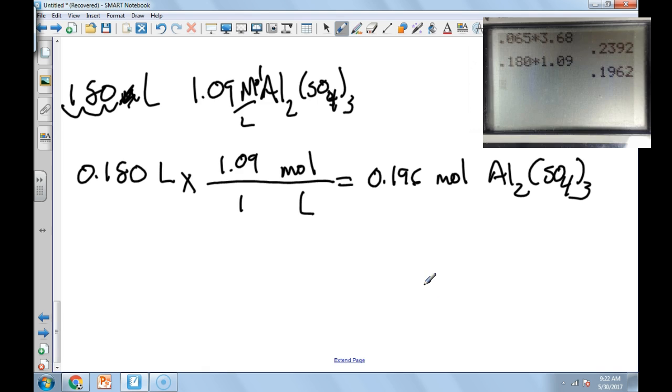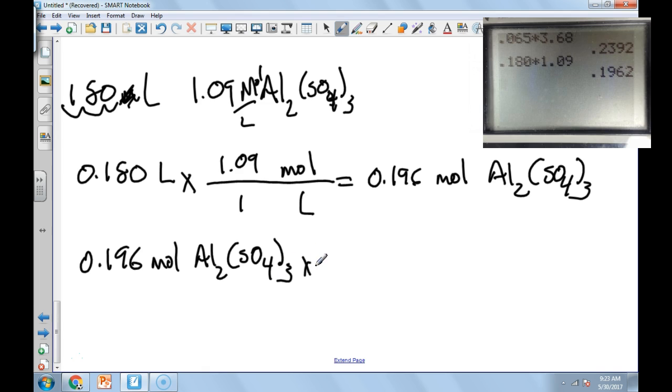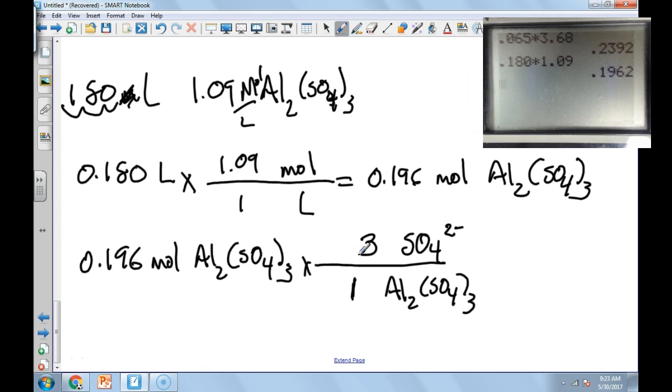Al2(SO4)3. But again, we don't want aluminum sulfate, we just want the sulfate. So we've got 0.196 moles of Al2(SO4)3 and we want to X-line this. We want to get rid of Al2(SO4)3 and just know how many SO4s are in each one of these. So for every one of these, how many SO4s do we have? We have 3.